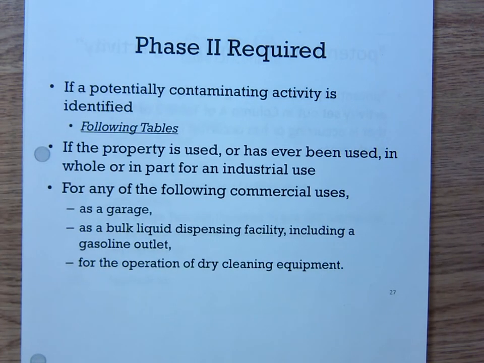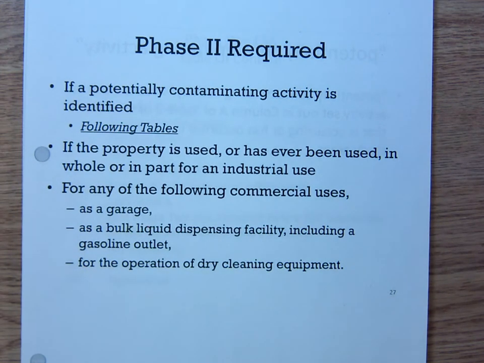We didn't discuss when that phase 2 is required. And here we want to discuss the conditions under which we are obliged to go ahead with conducting a phase 2 environmental site assessment.